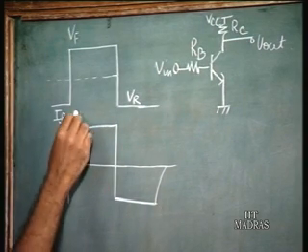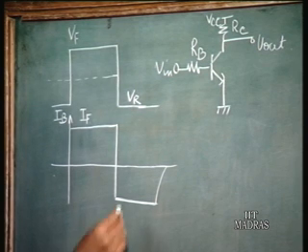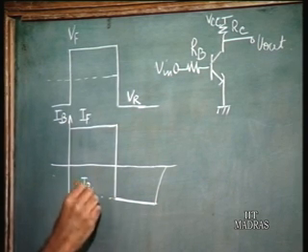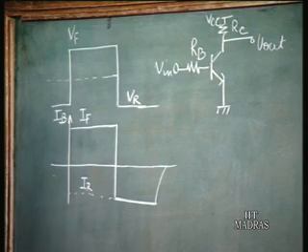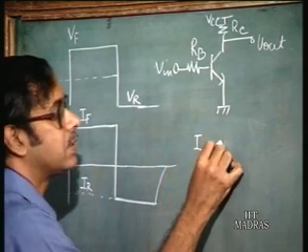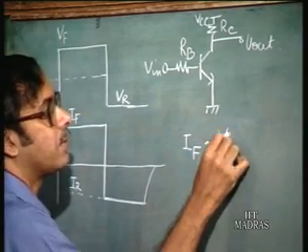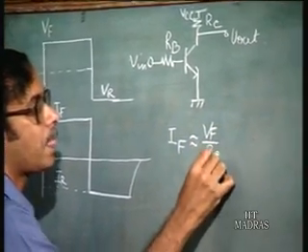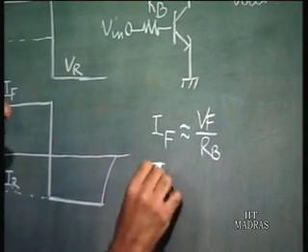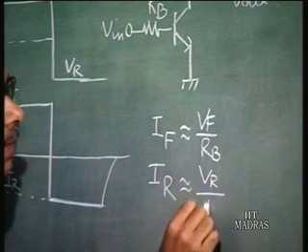We have called this IF, the forward current, and you have a reverse current, IR. Now, you know that IF is nearly equal to Vf by Rb, and IR is nearly equal to Vr by Rb.